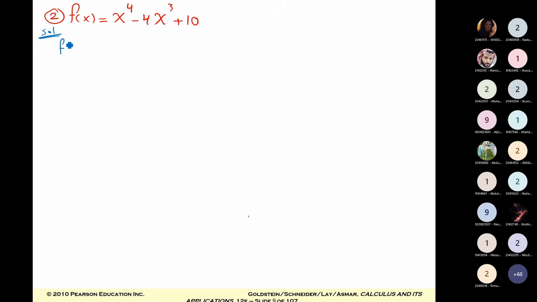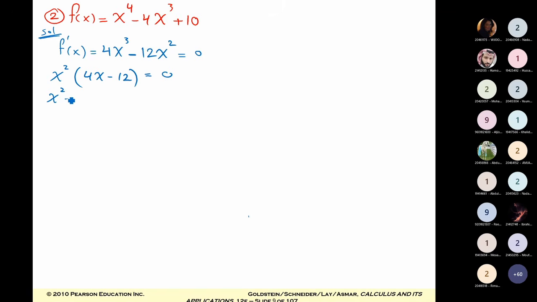So f prime of x equals 4x to the power 3 minus 12x squared. This is equal to 0. We can take x squared as a common factor, so we have x squared (4x minus 12) equals 0.